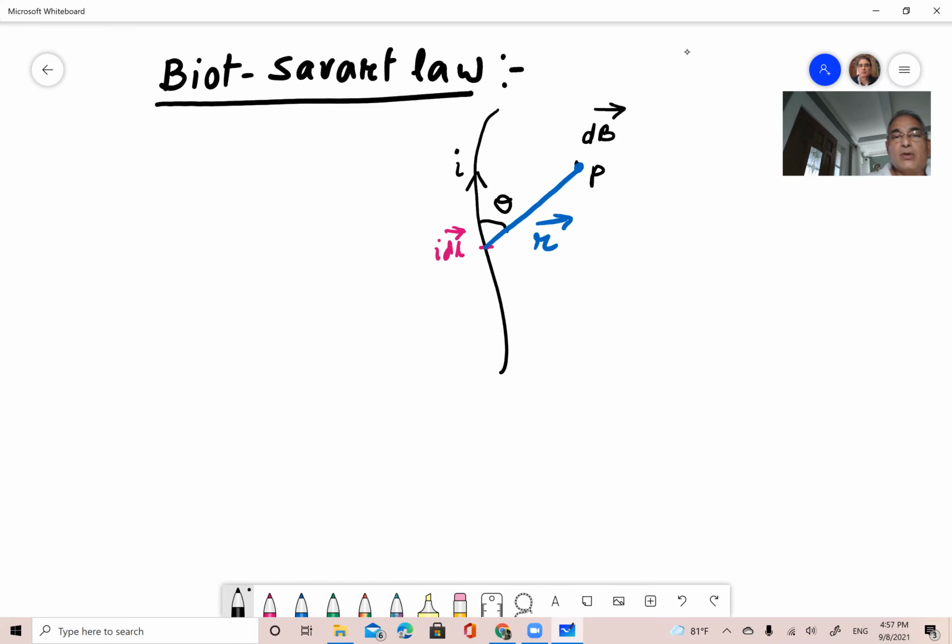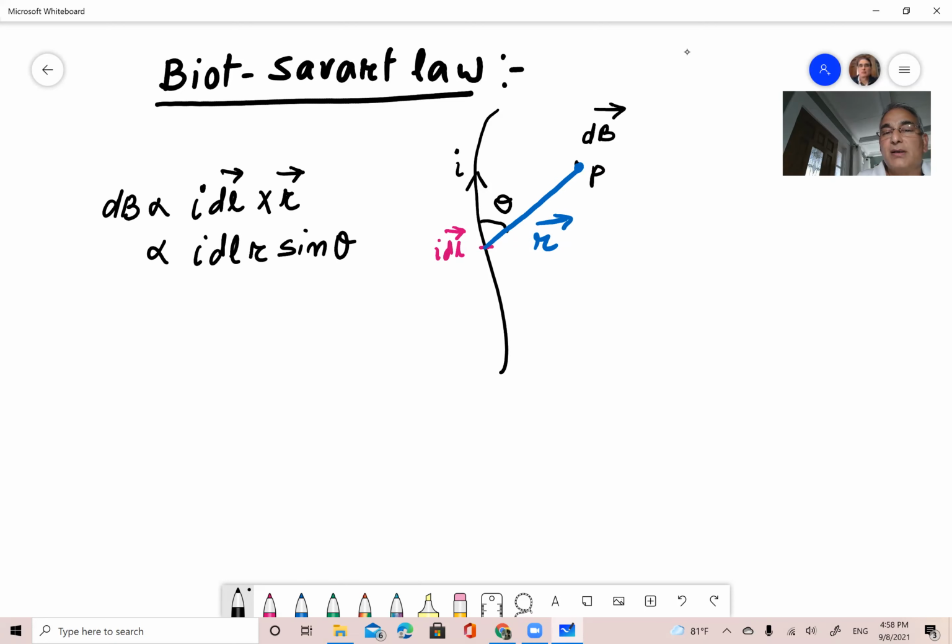According to Biot and Savart, the small magnetic field due to the current carrying element IDL is proportional to the cross product of the element and the displacement vector R, or proportional to IDL R sine theta, where theta is the angle between the element and the radius vector R.